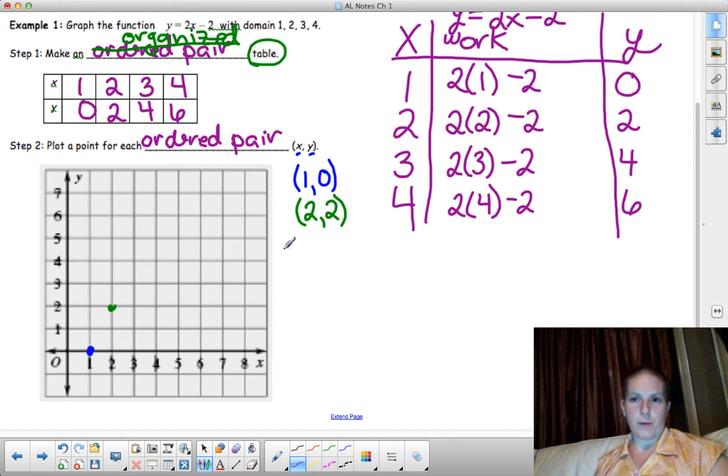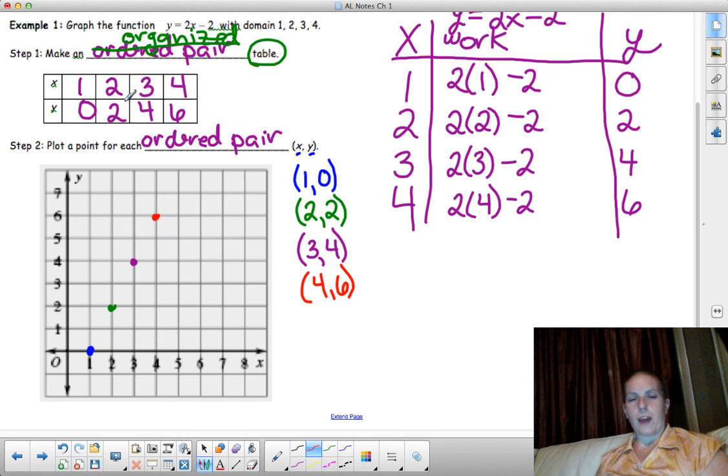Our third point is the point 3, 4. And the last point is the point 4, 6. Input of 4, output of 6.